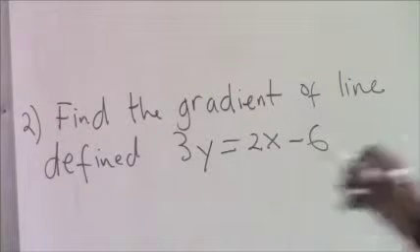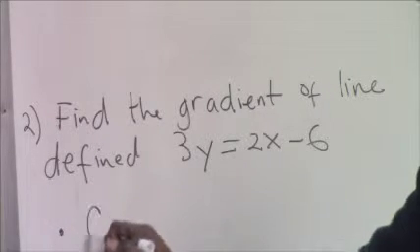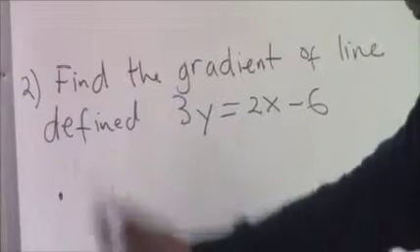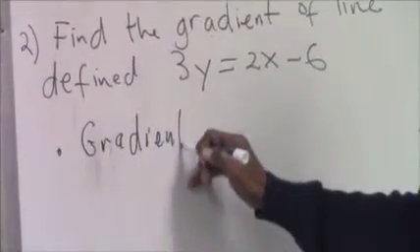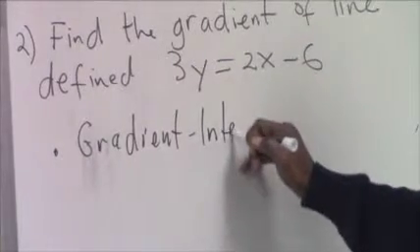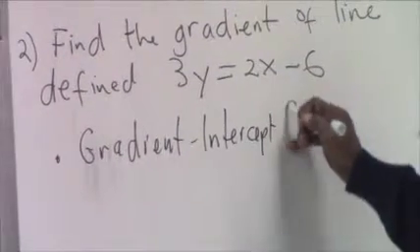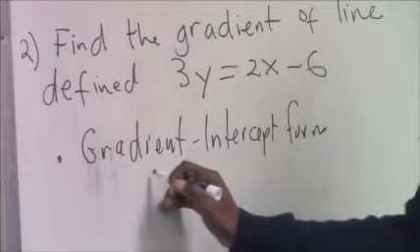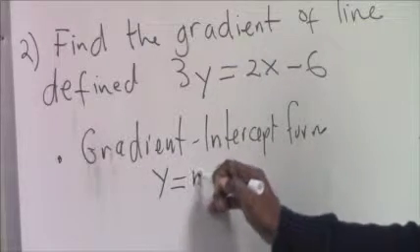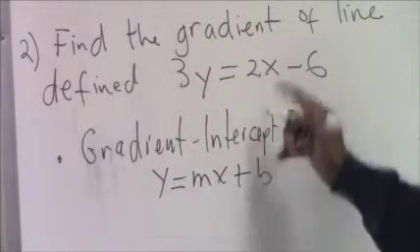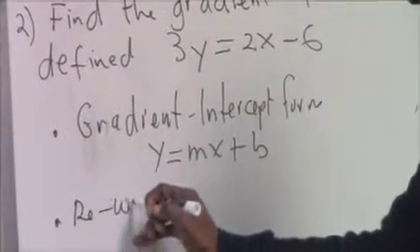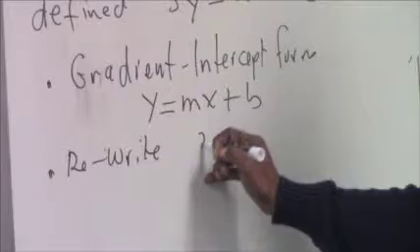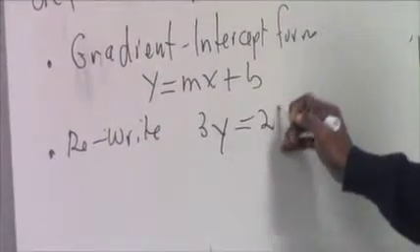So to do this, what is the gradient intercept form? Gradient intercept form. So we have y equals mx plus b. So we're going to rewrite 3y equals 2x minus 6.